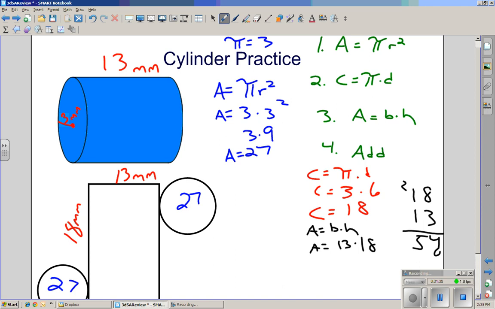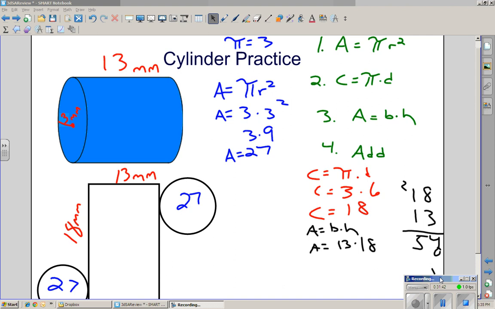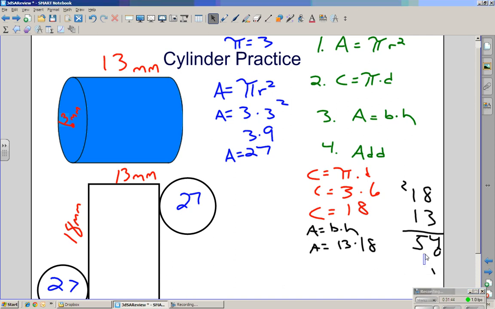Skip a spot when we move down. 1 times 8 is 8. 1 times 1 is 1. When I add them together, I get 4. 5 plus 8 is 13. Carry the 1. 234 millimeters squared is the area of my rectangle.